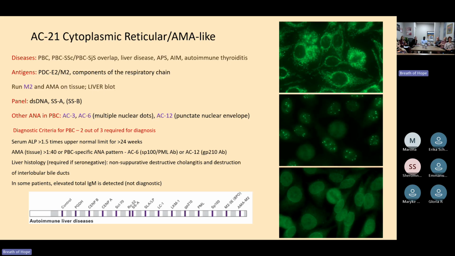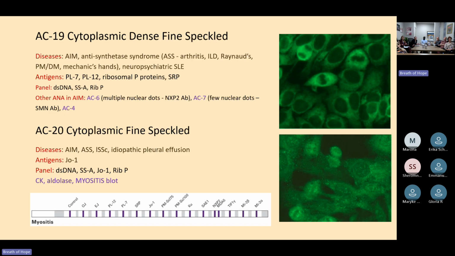All right. Okay, then the next one is your cytoplasmic patterns. There's two of them. One is called dense fine. So sometimes they say this is quite a dense fluorescence, more like a cloud. Whereas your fine speckle has got little dots all over the place. So the bottom one with the dots is more indicative of JO1.